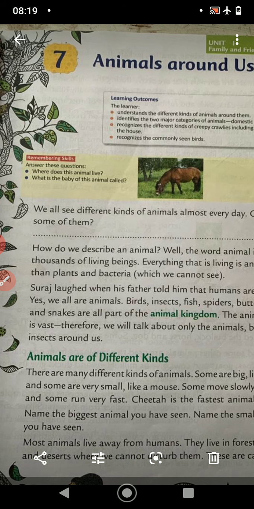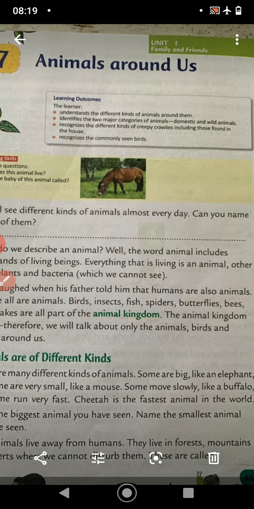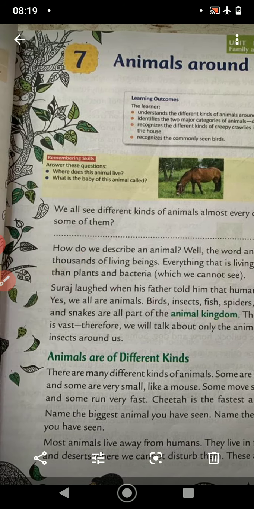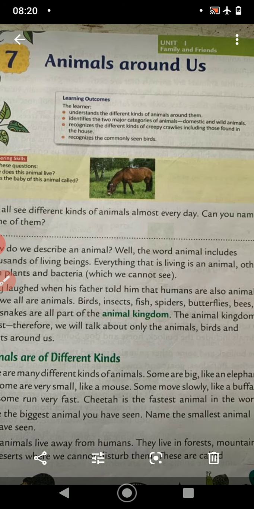How do we describe an animal? Well, the word animal includes thousands of living things or living beings.